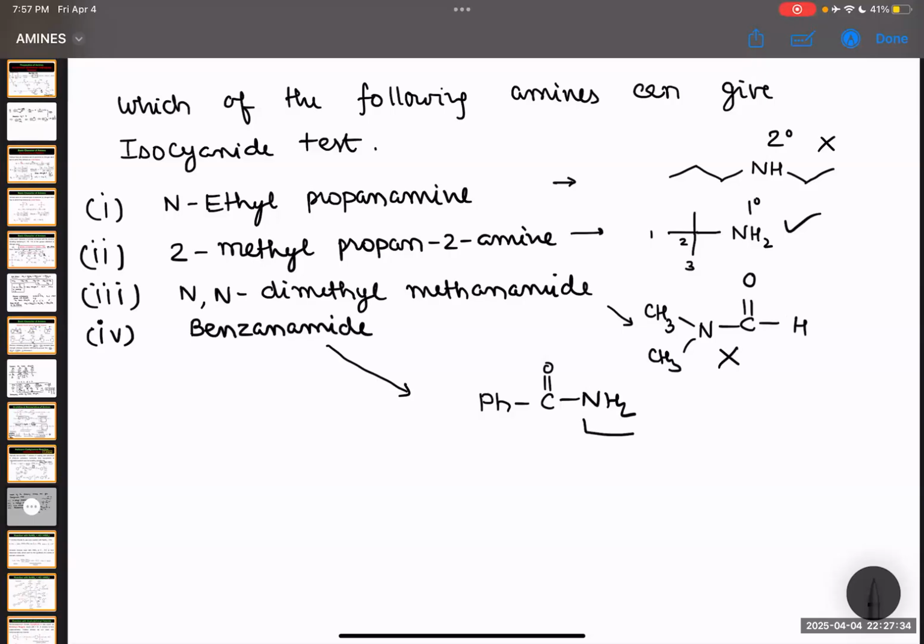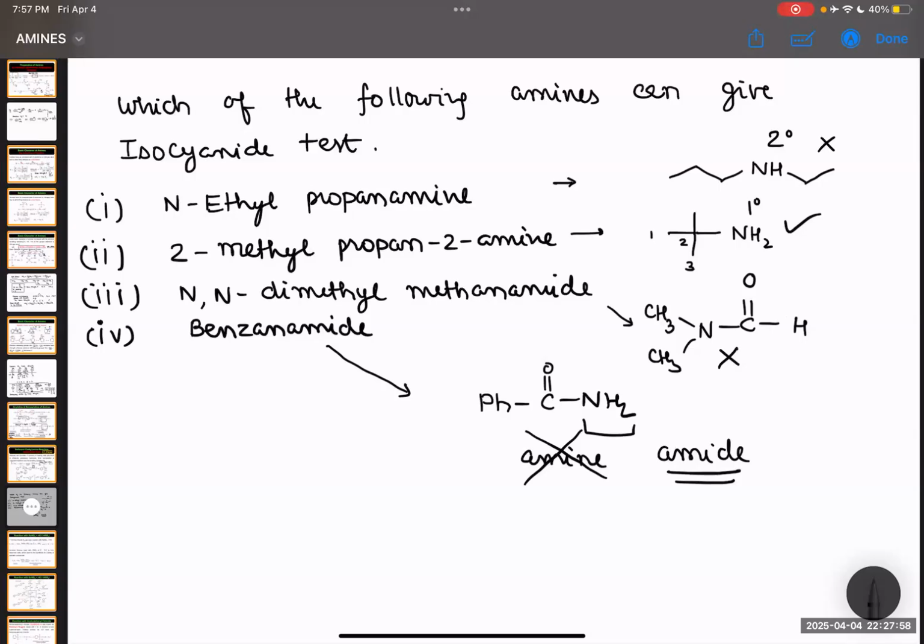And what about this one? Though there is NH2, this is not an amine. This is an amide. So an amide cannot give this test.